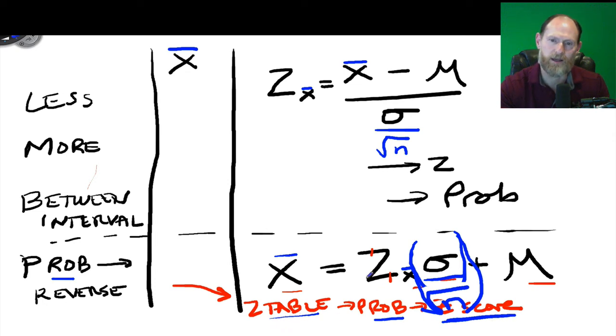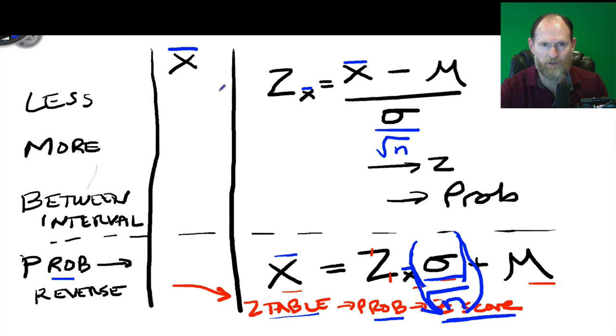We're going to find that value there, plug that in. We already have n. We should have the standard deviation and the population mean. Once we have those four things, we'll have what the single value x would be for that probability we've been given. So that's how we work with sample averages.